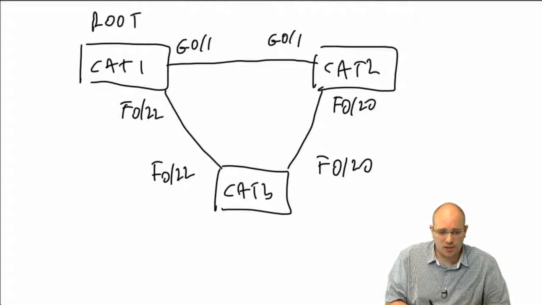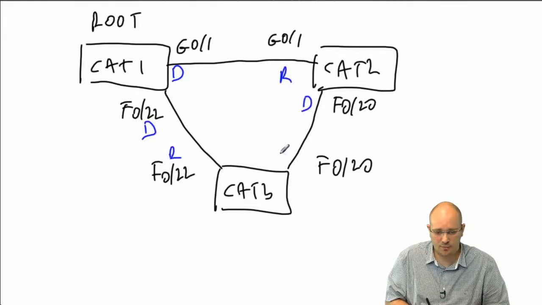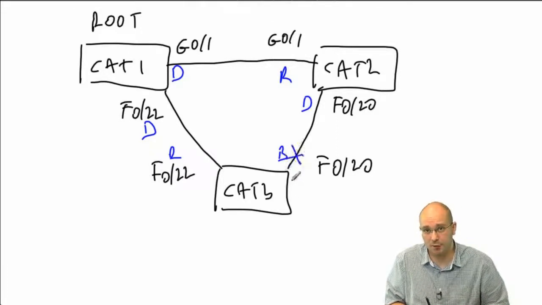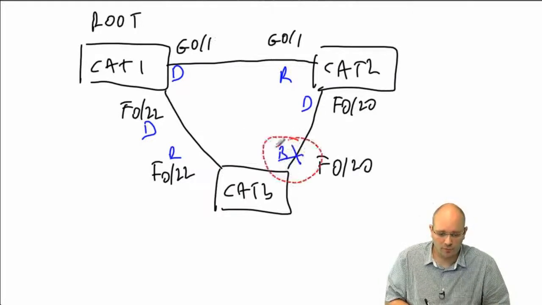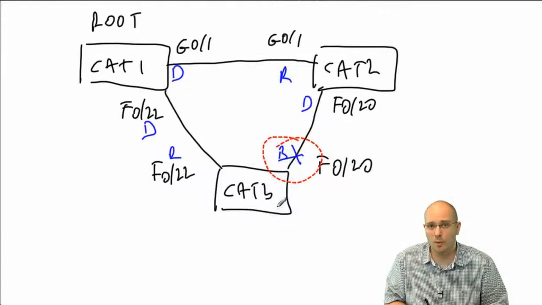Given this topology, this port will be a designated port, this port will be designated, these 2 ports will be the root ports, this will be a designated port, and this one here will be the blocking port. And a good candidate in this network for the LoopGuard feature would be this port here.